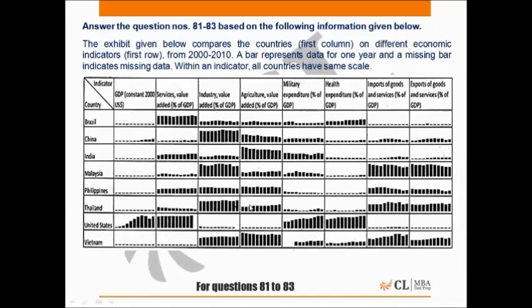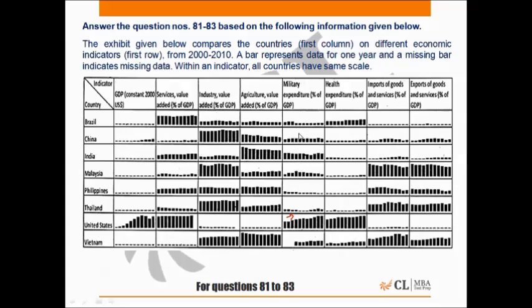From the graph, it is clear that United States spent the maximum percentage of its GDP on military during the given period, and we have to find the country which spent the maximum percentage of GDP on military expenditure after USA.